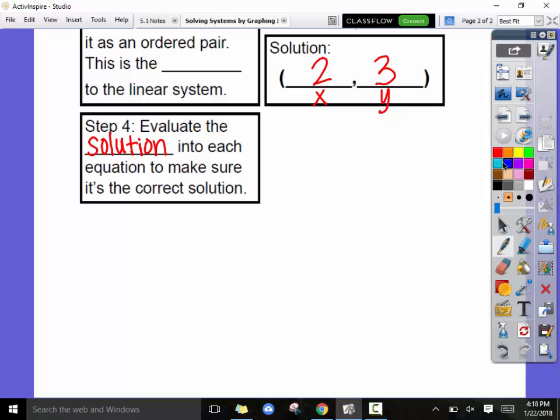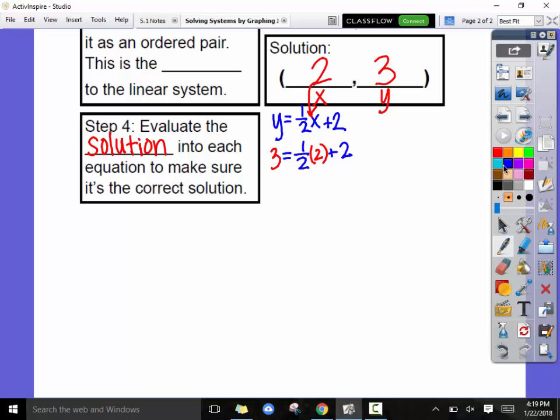So I'm going to take each equation and rewrite it. y equals 1/2 x plus 2, and I'm going to plug in 2 for x and 3 for y. So I'm going to say 3 equals 1/2 times 2, plus 2.